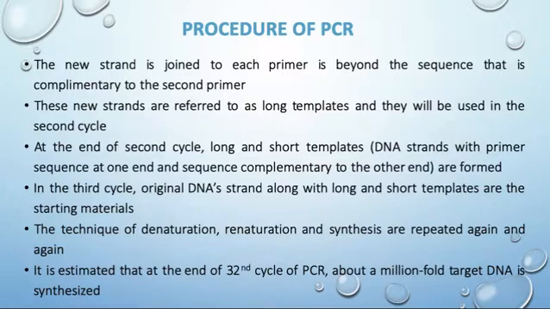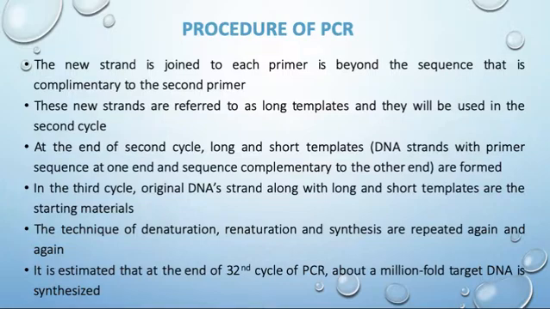At the end of the second cycle, the long and the short templates, that is the DNA strands with the primer sequence at one end and the sequence complementary to the other end, are formed. After the third cycle, the original DNA strands along with the long and the short templates are the starting material for the next cycle of the PCR.